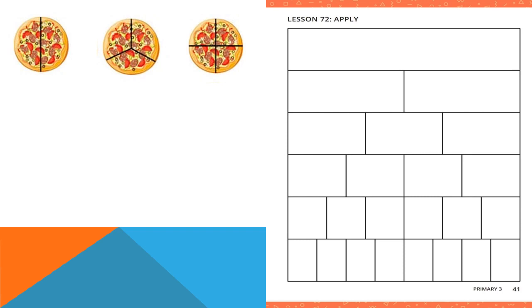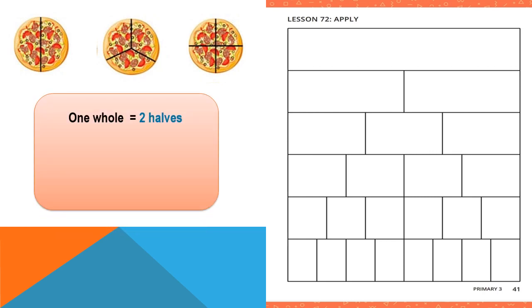If we divide it into 4 equal parts, each part will be 1/4. 1/4 here, 1/4 here, 1/4 here, and 1/4 here. So the whole pizza now contains 4/4.